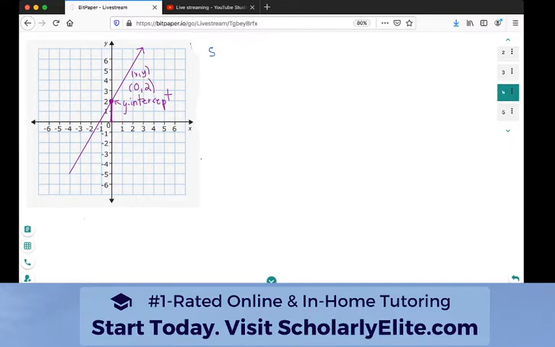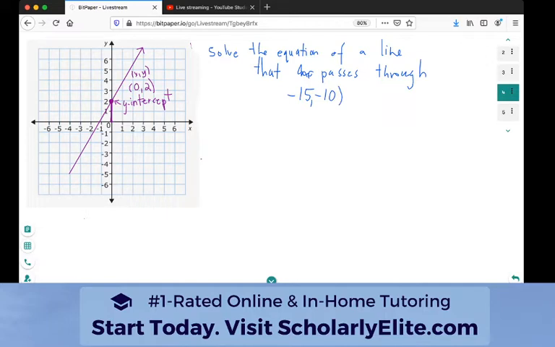So solve the equation of a line that we'll say passes through (-15, -10) and (-20, -8). Okay, so let's go ahead and solve this equation, okay guys.